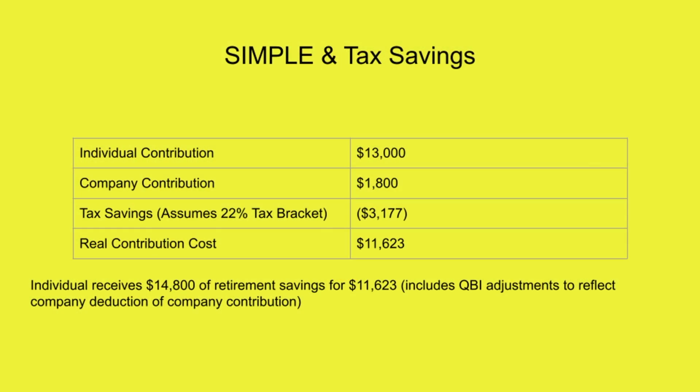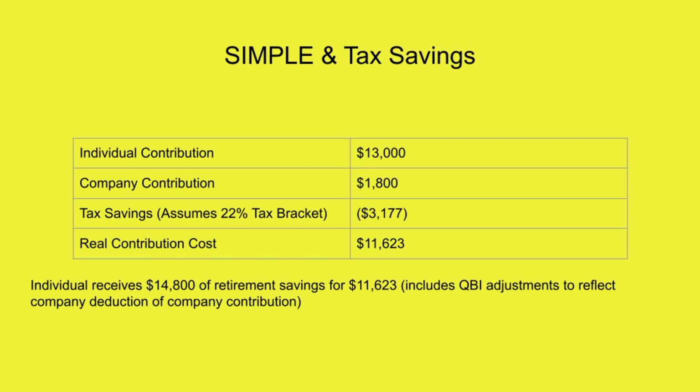An even bigger version of this would be if you start what's called a SIMPLE, and I'm putting up the slide for that now. A SIMPLE is an IRA that works similarly to a 401k, and you can do this if you're the owner of an S corporation. As we talked about earlier, if you own an S corporation, you own the company, but you're also an employee of the company.